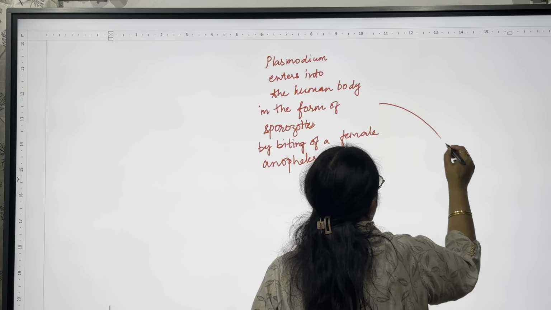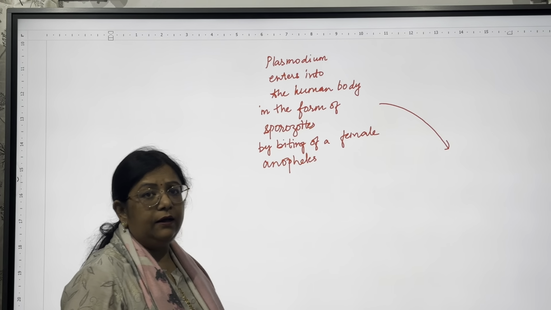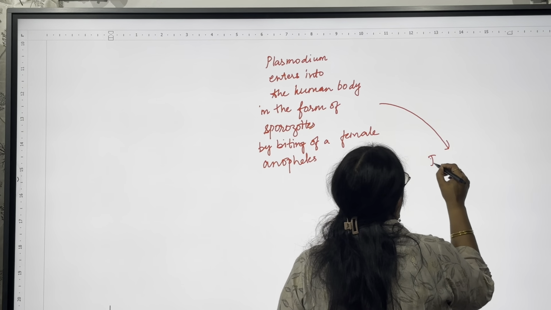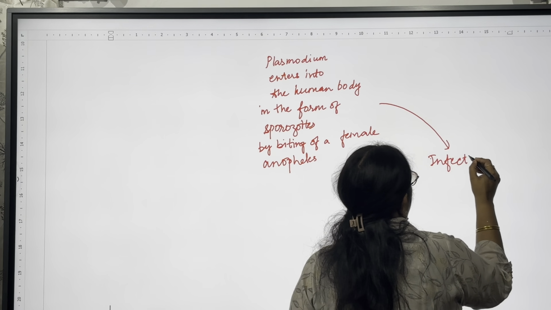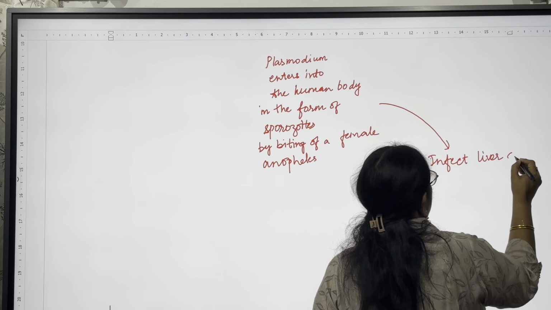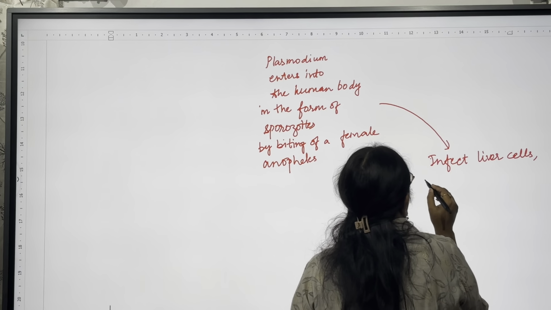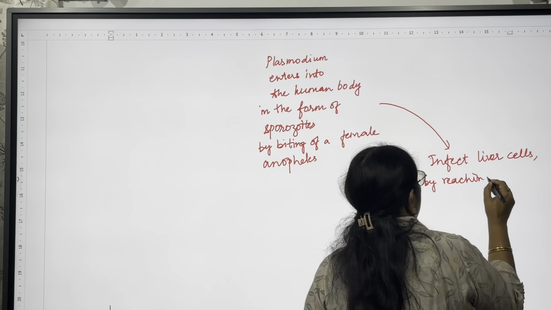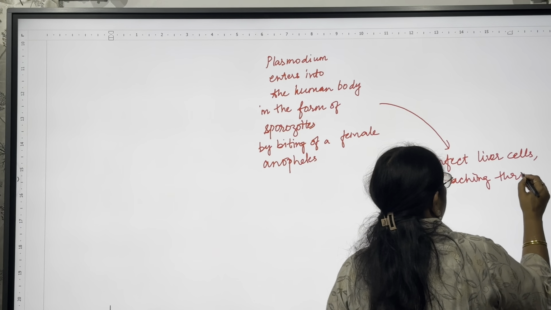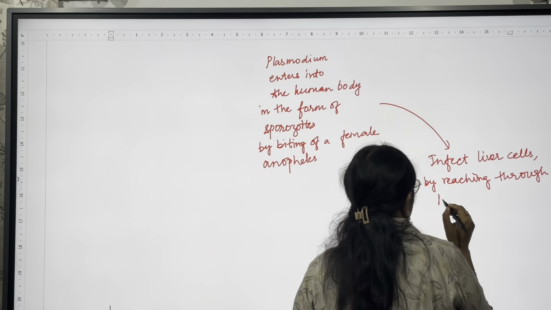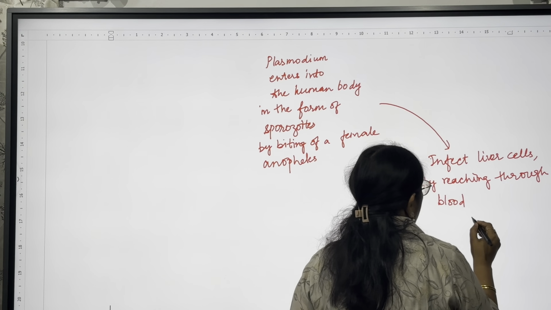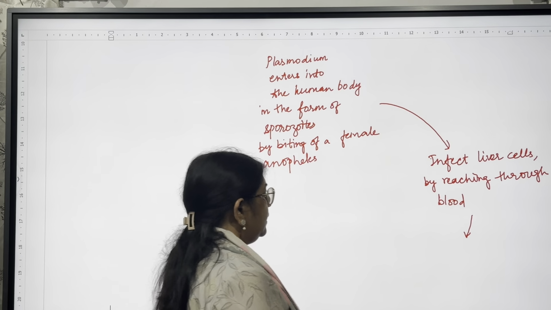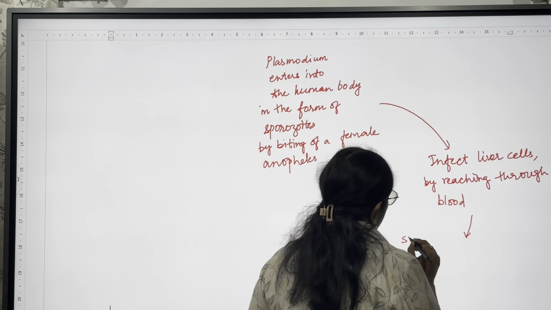Then what happens? These sporozoites infect the liver. They reach the liver through the blood, infect liver cells by reaching through blood. Inside the liver, these sporozoites multiply with the help of asexual reproduction.